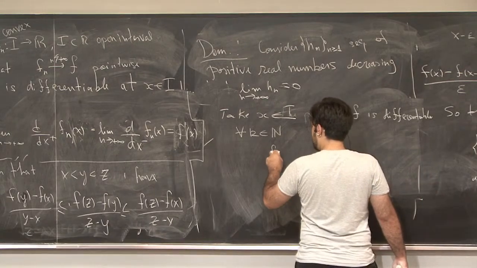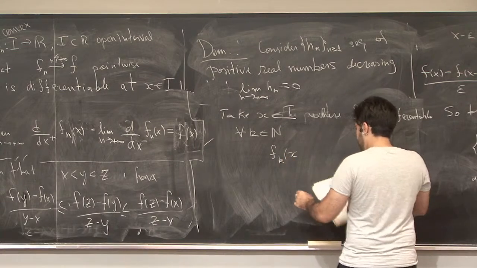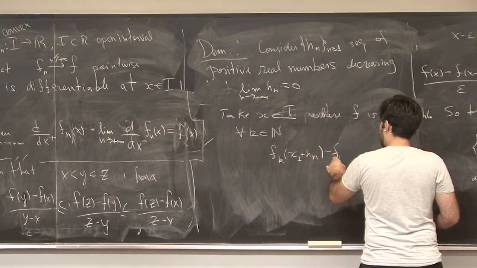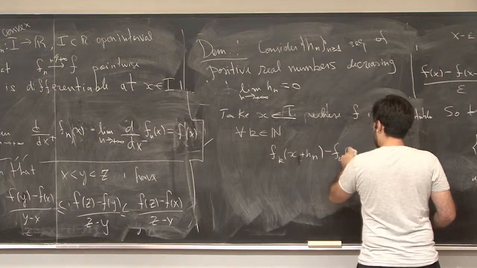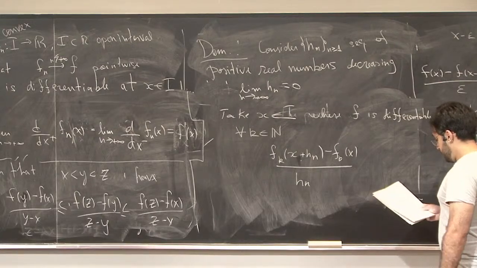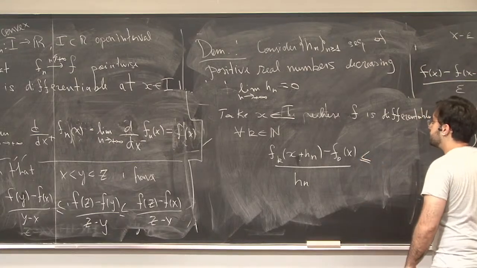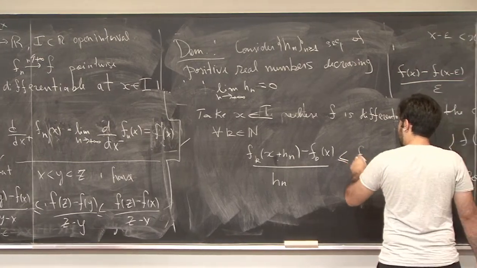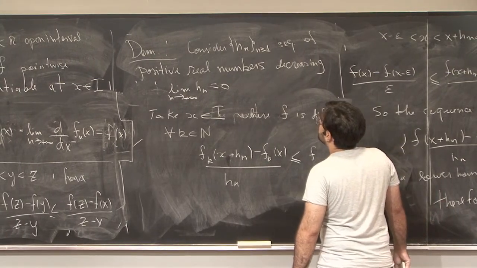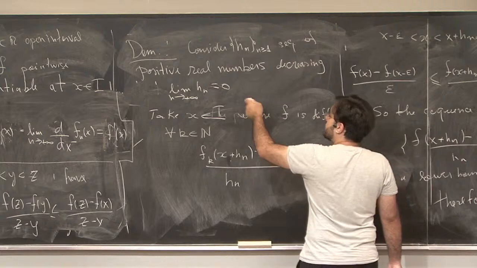fk of (x plus hn) minus fk of x, divided by hn. This will actually be less than, let's say that they are decreasing, so the largest one is h1.